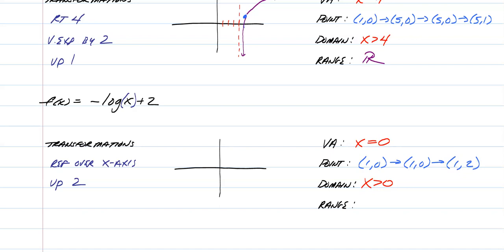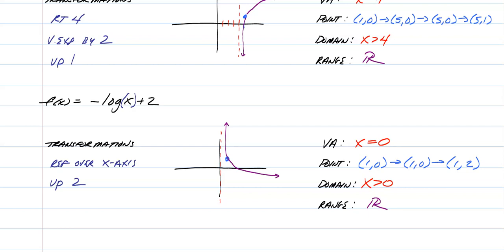We've got our vertical asymptote x equals 0 and our point (1, 2), approximately right there. The last thing to think about is that this was reflected over the x-axis, so it's now starting high and finishing low. Range is still all real numbers because we can get any answer; you just can't plug in 0 or a negative for x this time.